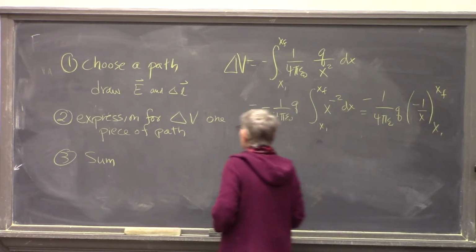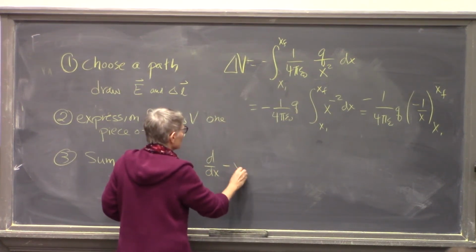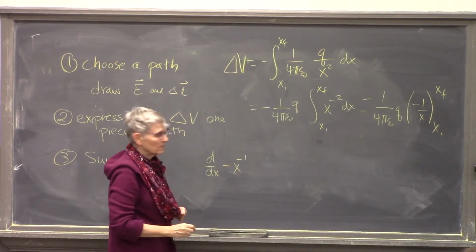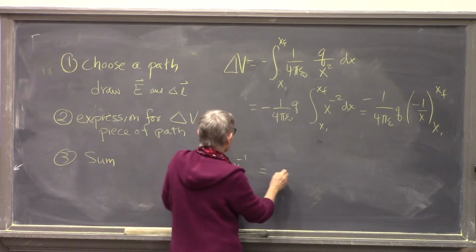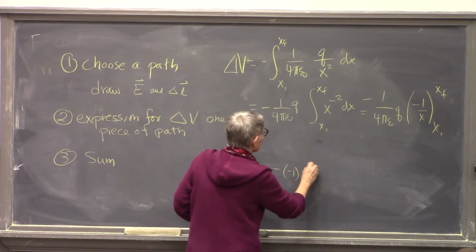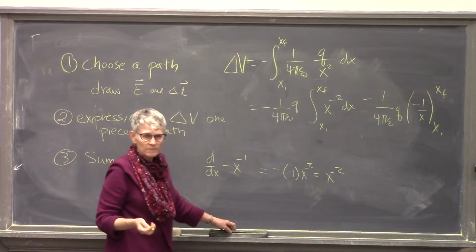We can check that by differentiating, so d dx of minus x to the minus 1 is going to be minus a minus 1 x to the minus 2, which is x to the minus 2, so that looks right.